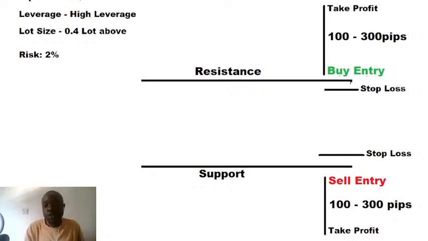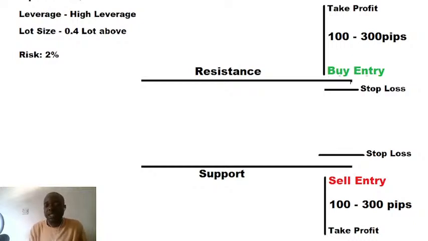So when the market moves to cross the resistance zone, we place a buy entry after the market crossed the resistance zone, and we use a 20 pips stop loss. Then we target 100 to 300 pips.